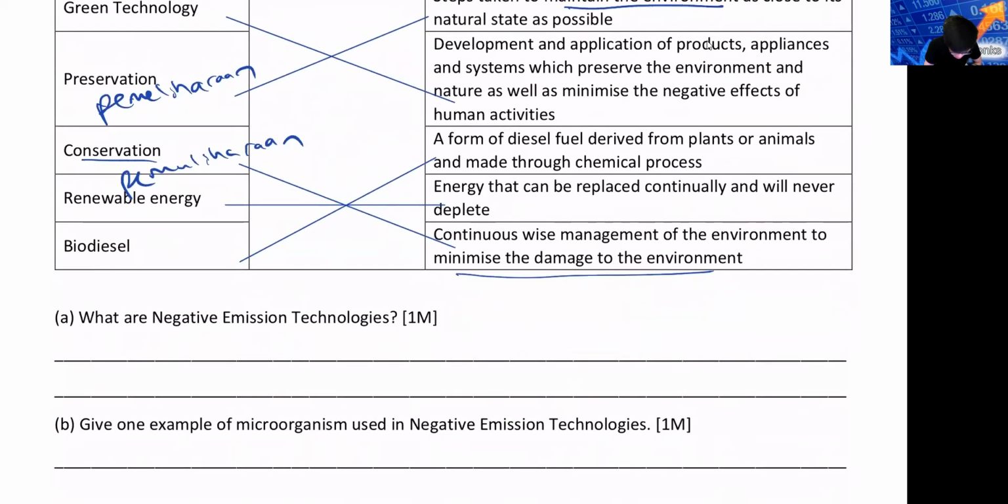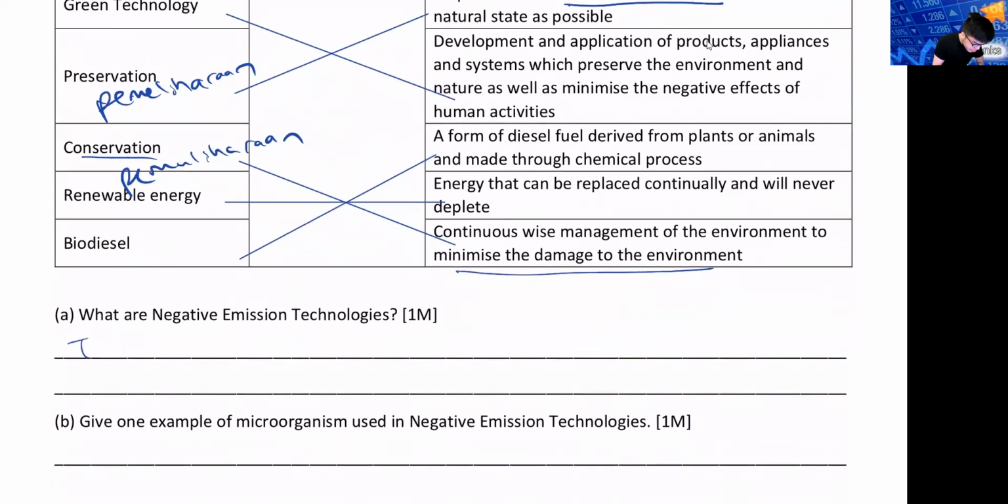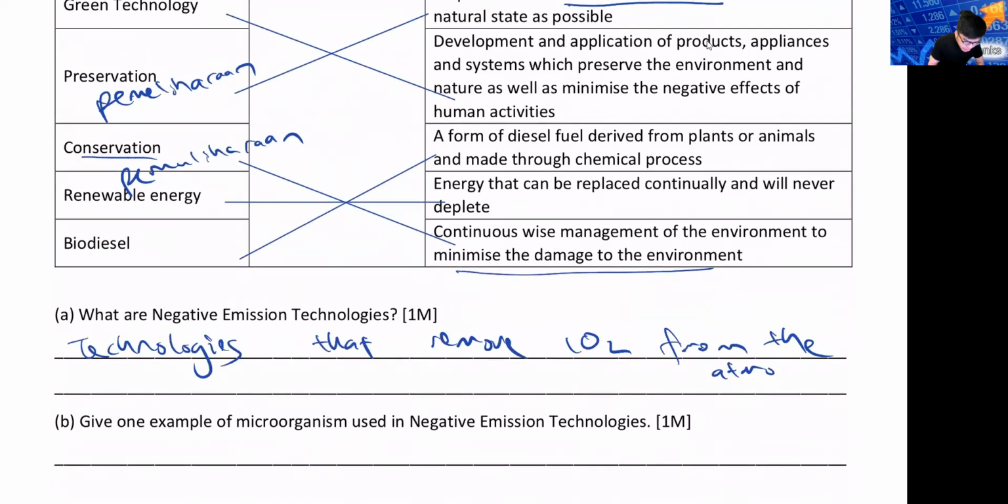So what are negative emission technologies? It's technology that removes carbon dioxide from the atmosphere. Teknologi yang menyingkirkan karbon dioksida dari atmosfera.